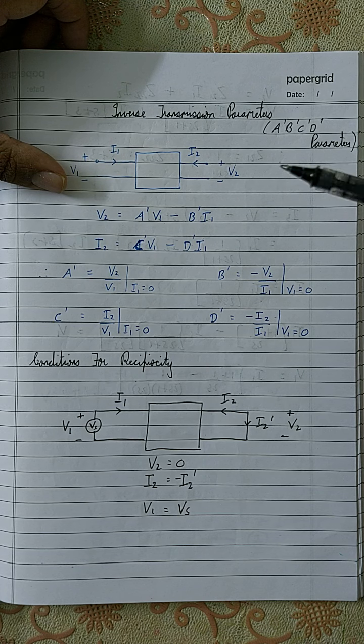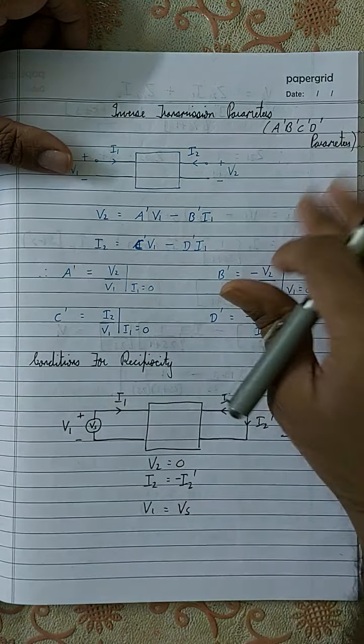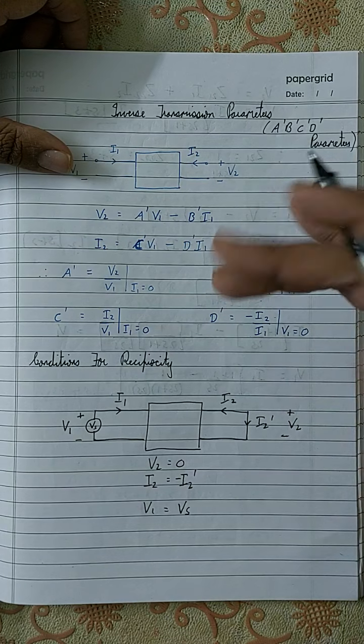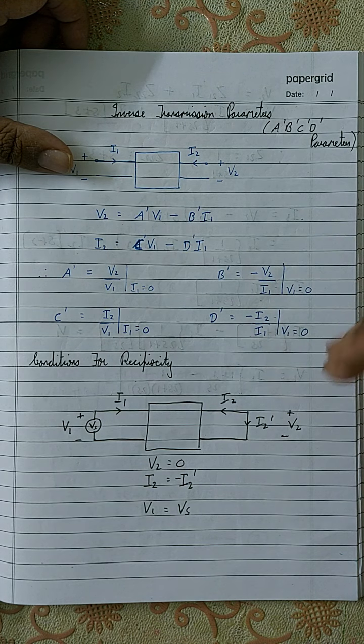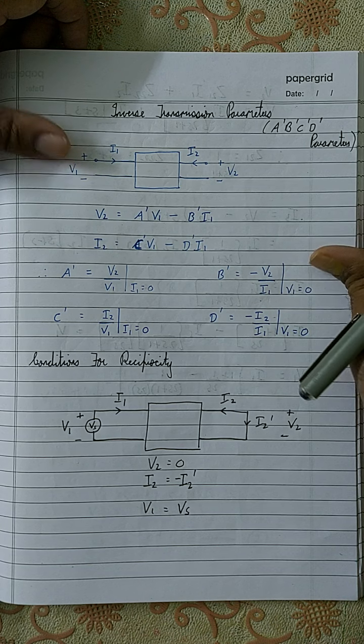Transmission means from the input it goes to the output, so that's why we express V1 and I1 in terms of V2 and I2. That is, we express V1 in terms of V2 and I2, and we express I1 in terms of V2 and I2. So that is ABCD.